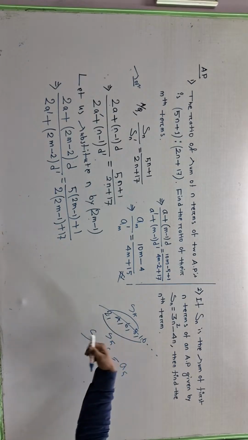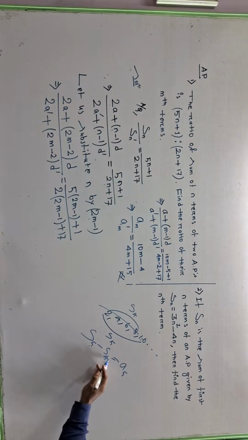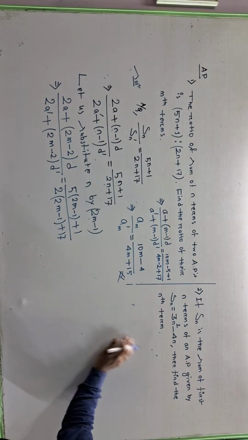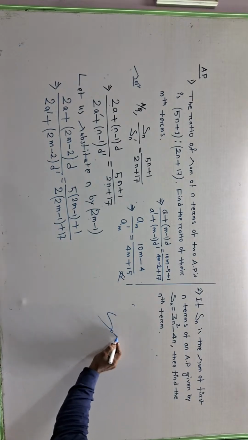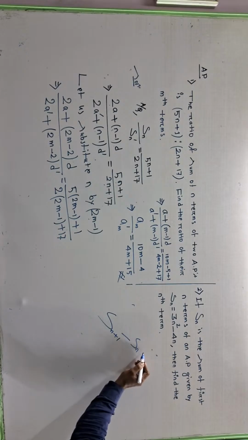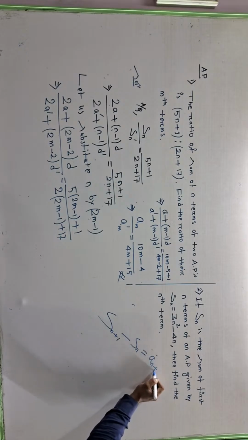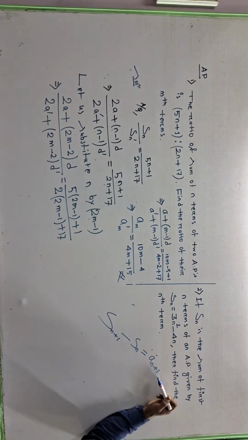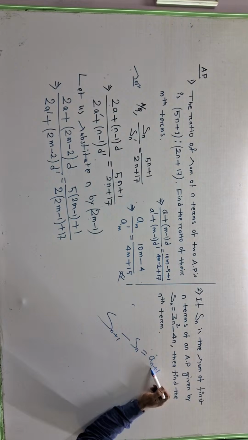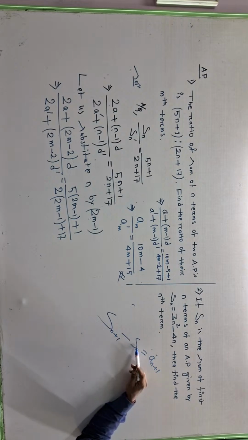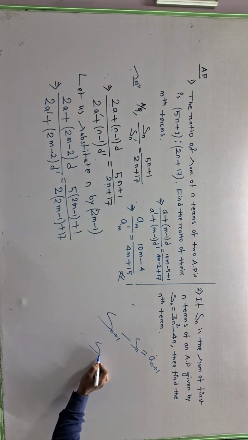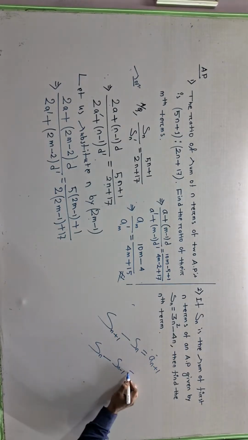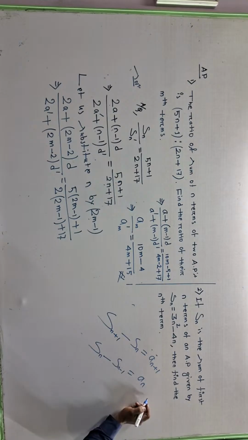So by symmetry, S5 minus S4 is A5. You can generalize this way, that if you write Sn plus 1 minus Sn, that is nothing but An plus 1. This is a formula which tells you the n plus 1 term in terms of sum. And if you write Sn minus Sn minus 1, then it will be the nth term.